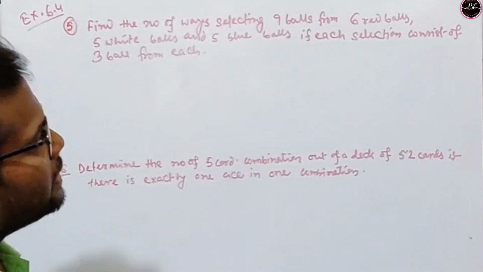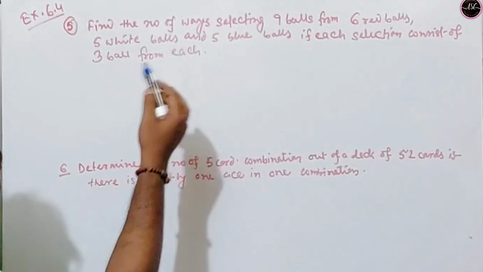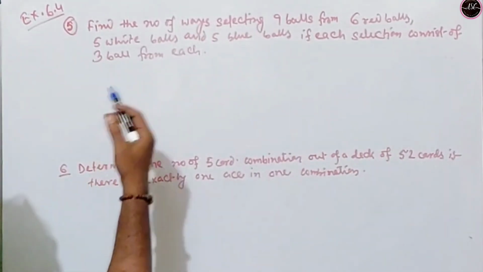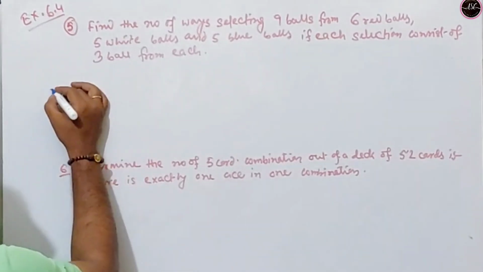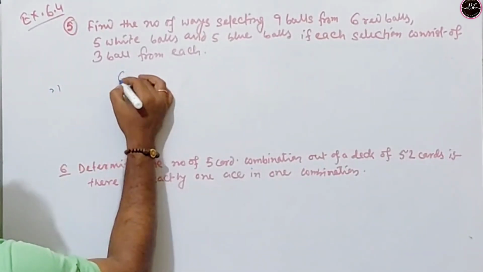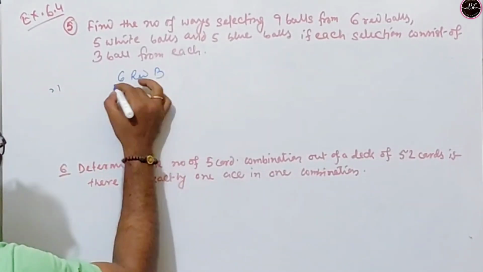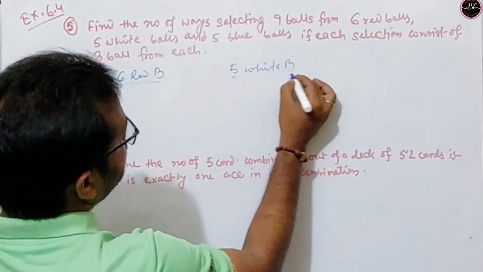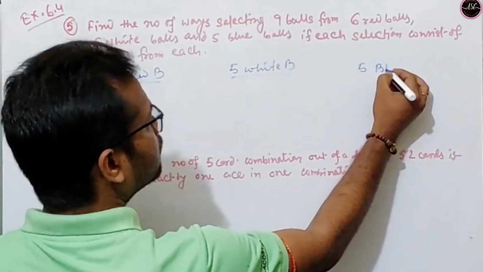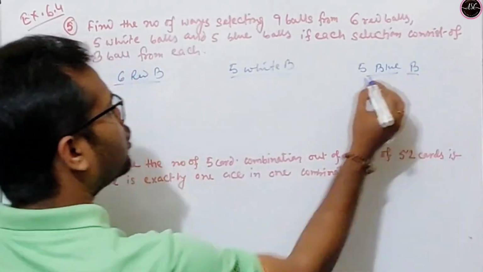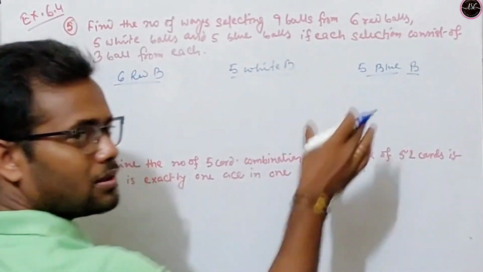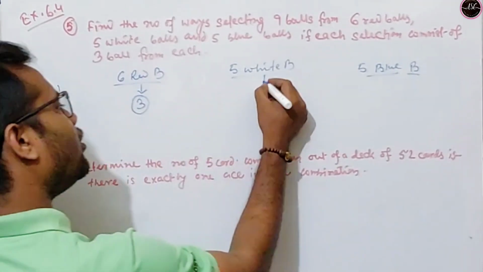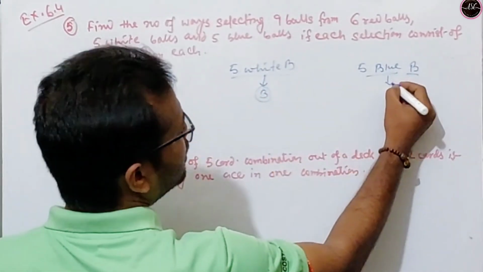Find the number of ways of selecting 9 balls from 6 red balls, 5 white balls, and 5 blue balls if each selection consists of 3 balls from each. Okay, so we have 6 red balls, here 5 white balls and 5 blue balls. From each of these, 3 should be selected.